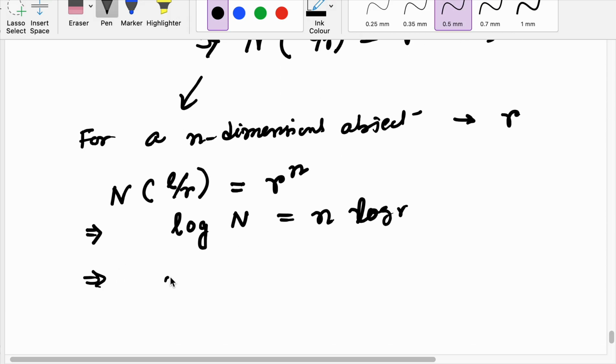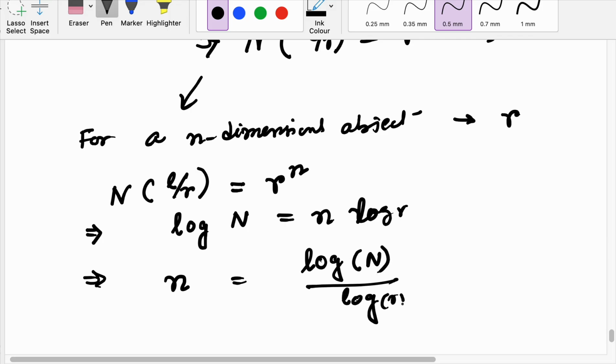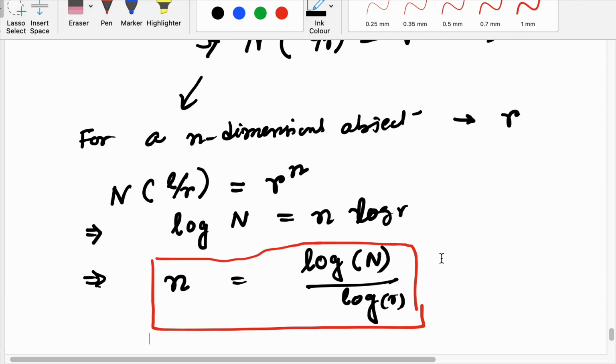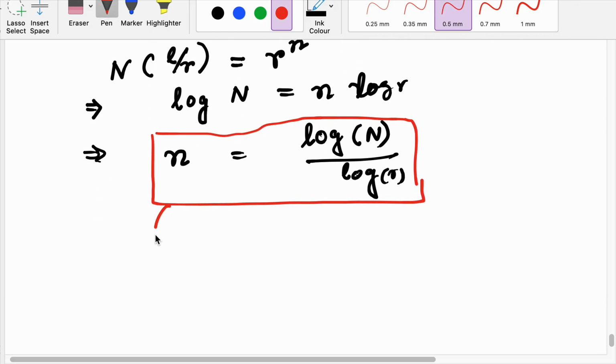So that means the dimension will be log N by log r.